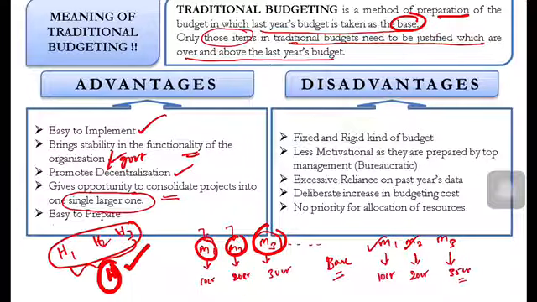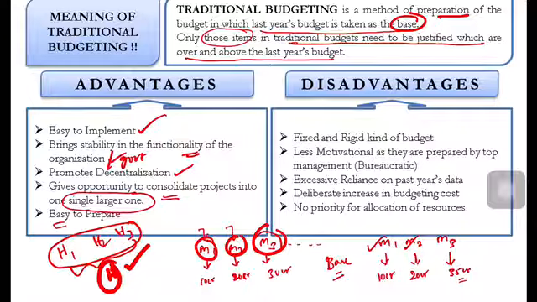And the next thing is, it is easy to prepare, because last year you had done it and this year you will simply do copy paste. So the whole task of preparing the budget would be so easy. The same thing happens with your economic survey also. This year's economic survey is completely based on the last year's economic survey.